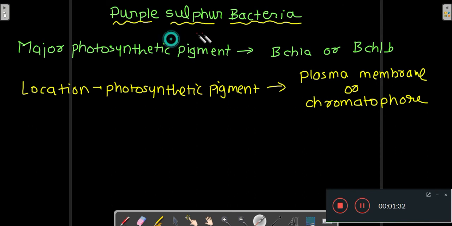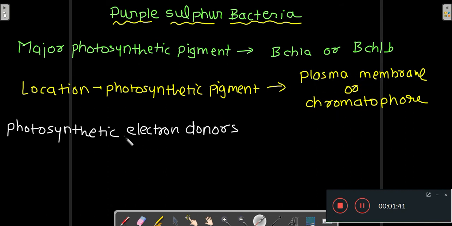Then the photosynthetic electron donors in the purple sulfur bacteria are hydrogen, H2S and sulfur.